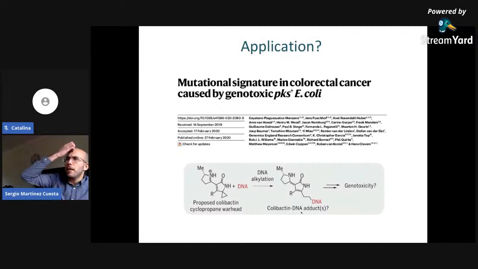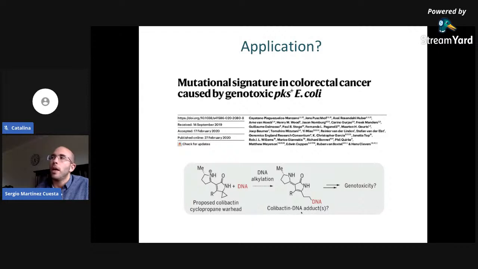So one of the things that we see as a potential application for this method is when it comes to understanding more about toxins. This was a paper that was published earlier this year, where they described a mechanism whereby colibactin, which is a common bacterial toxin, binds to DNA, and then it alkylates it, and then it generates genotoxicity, mutagenesis, and therefore colon cancer as a result.